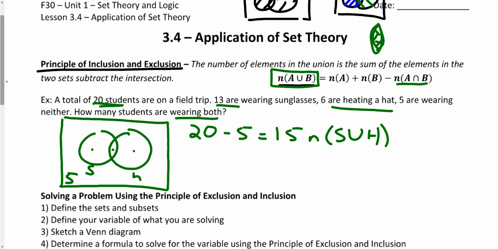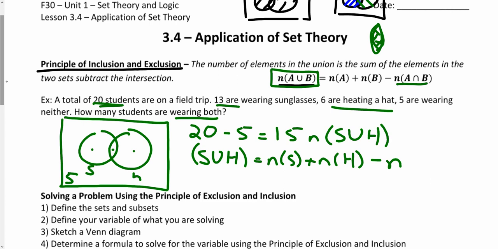This is just a formal way of how we did it yesterday. So now you just go, okay, S union H is equal to the number wearing sunglasses plus the number wearing a hat minus the people wearing both sunglasses and the hat.